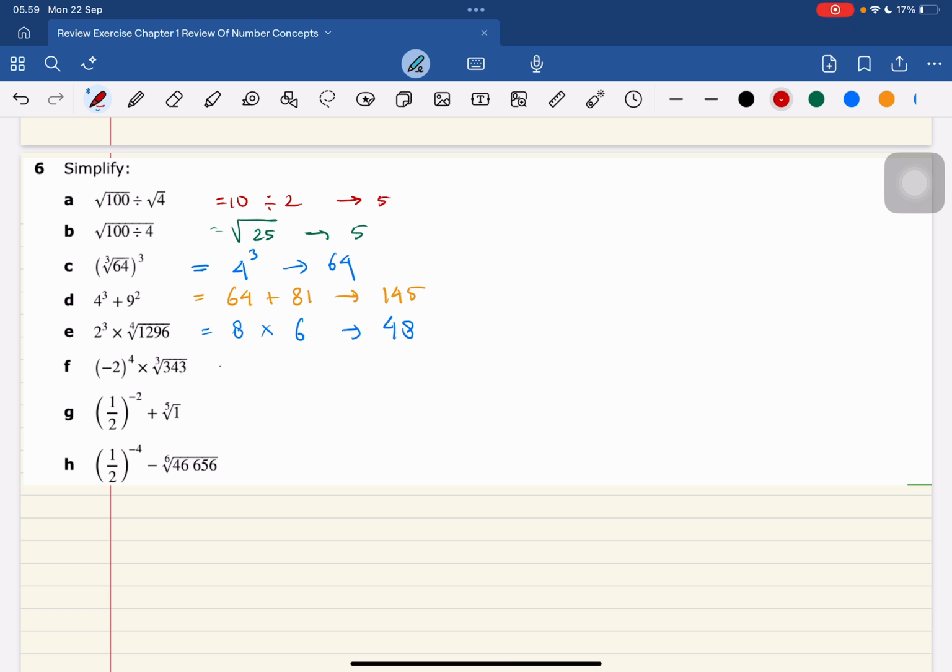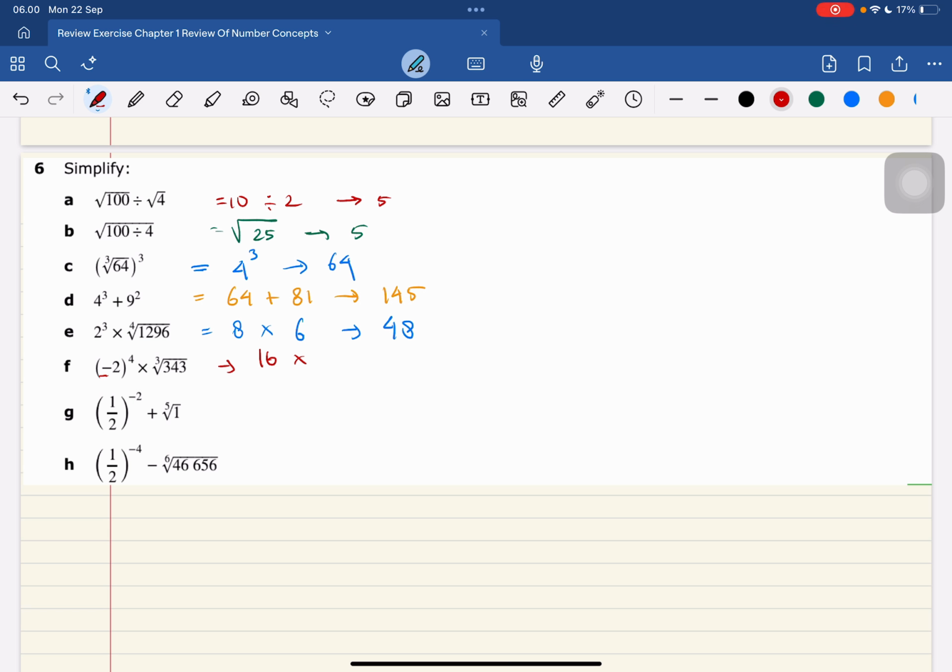Okay, next number. Minus 2 to the power of 4. So minus 2 multiplied by minus 2. Remember, a negative number to an even power is going to be positive. So it's going to be 16. We multiply by the cube root of 343. So we should find it.